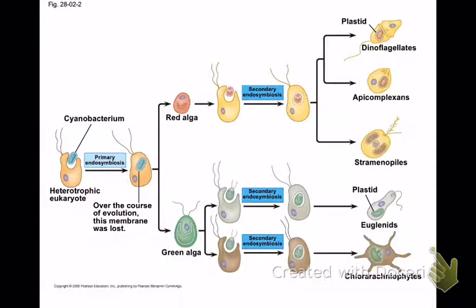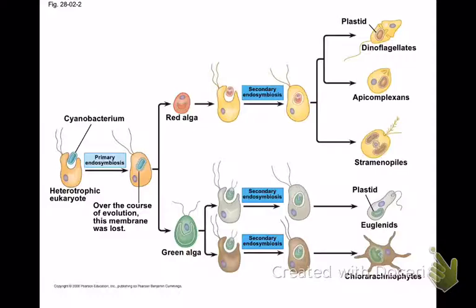One important feature in the evolution of protists is the formation of plastids, which allow for photosynthesis. It's believed that an ancient eukaryote engulfed a cyanobacterium.